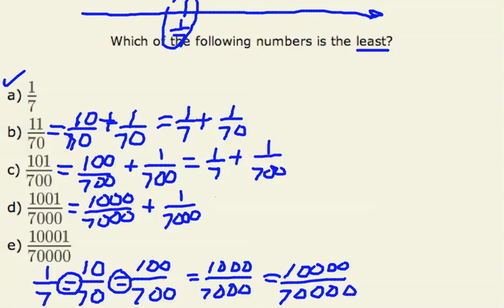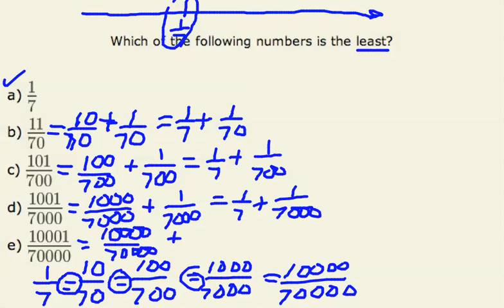This is the same as 1/7 plus 1/7000th. That's that value, replacing the 1/7. And then finally, we get 10,000 divided by 70,000 plus 1/70,000th, which is 1/7 plus 1/70,000th.